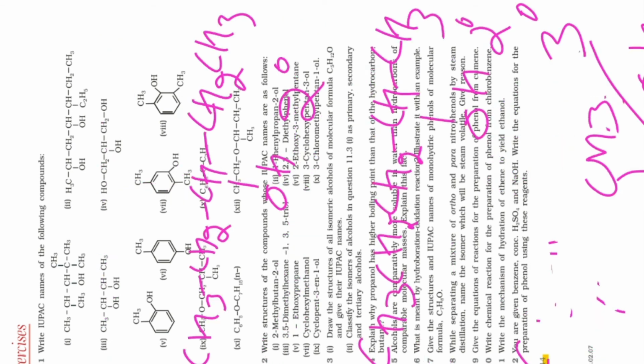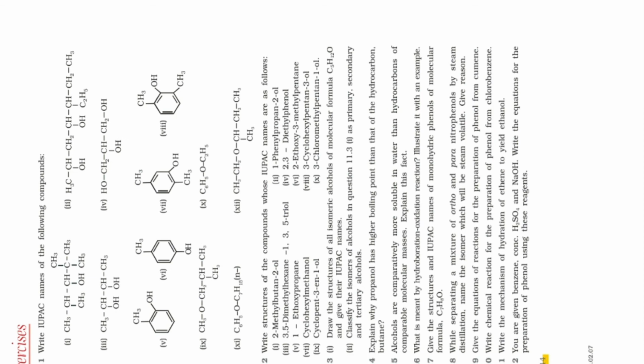Clear? Its name is 2-methyl butan-2-ol and it is a tertiary alcohol. Clear? So this is the question that we have solved. We have written all the isomeric alcohols, and they ask the next part, primary, secondary and tertiary, that also I told you. Okay student, so with that we have completed all the IUPAC naming questions which were given in the NCERT. Thank you very much.